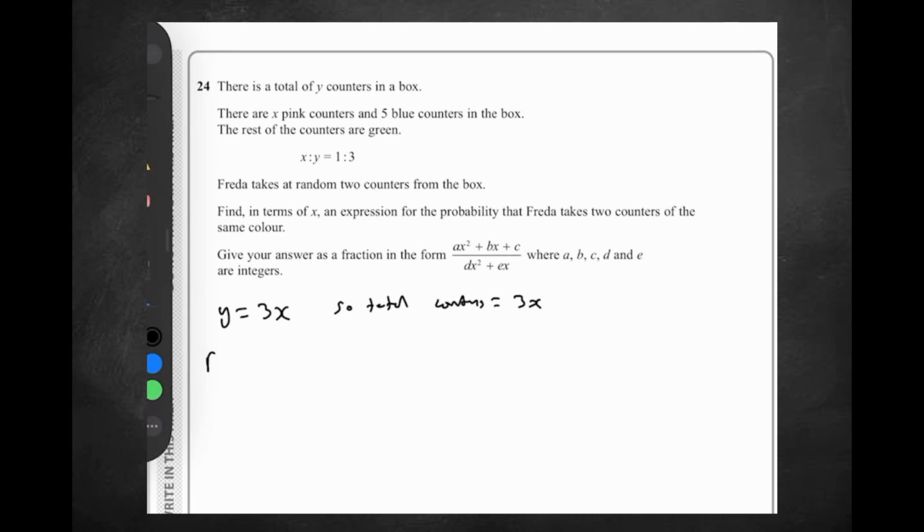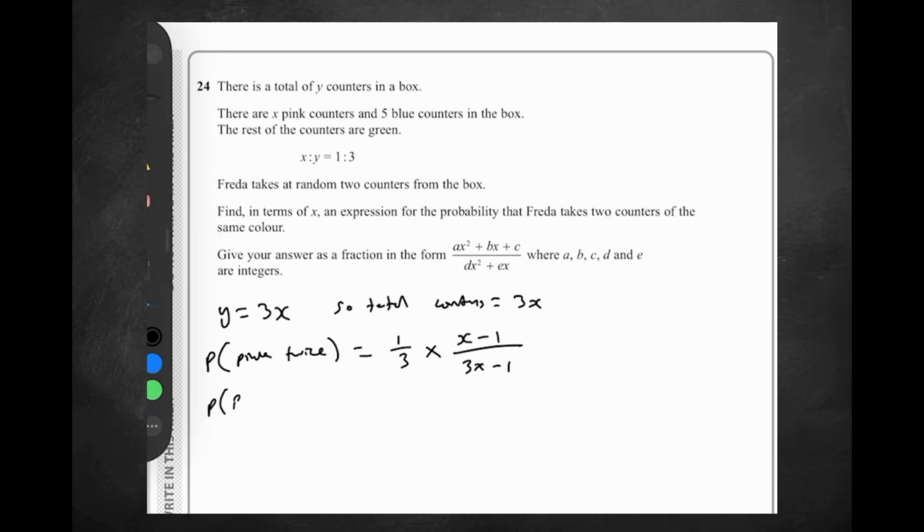So the probability of pink twice is simply going to be x over the total number of counters, multiplied by x less 1, because we've already had 1 counter come out of the box, divided by 3x, which is the total, less 1, because we've already had 1 counter come out of the box.